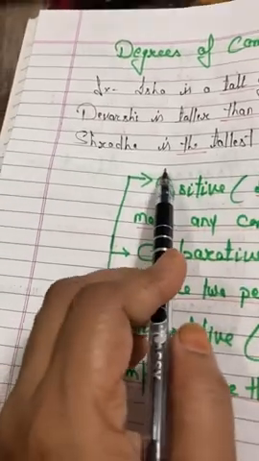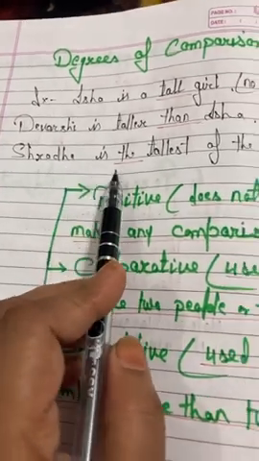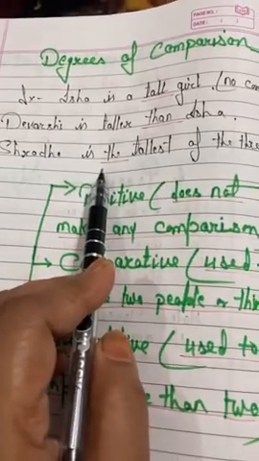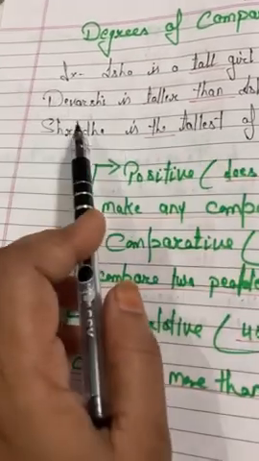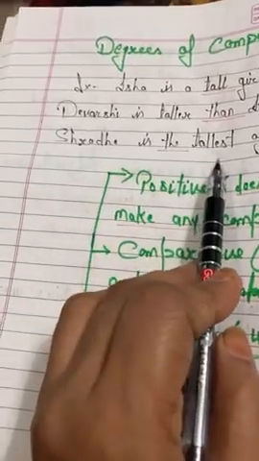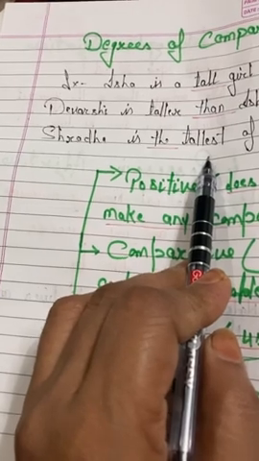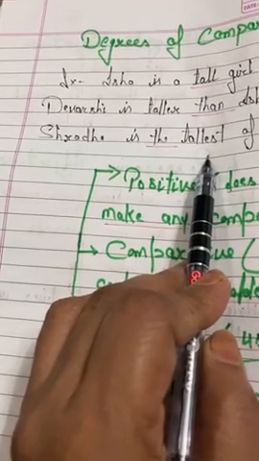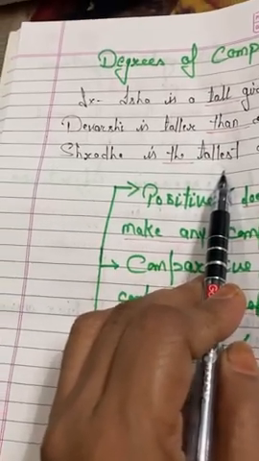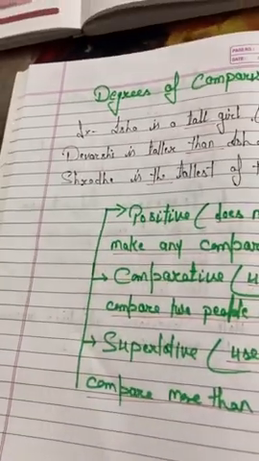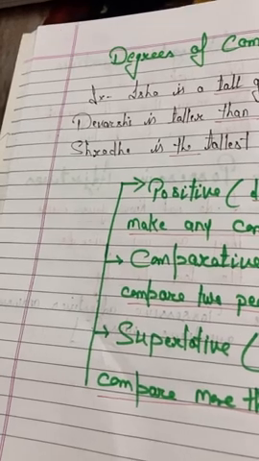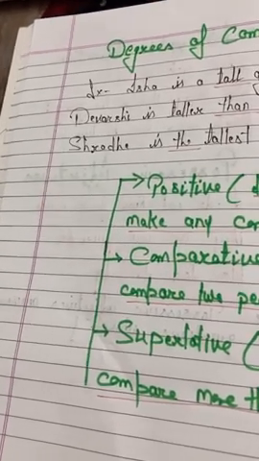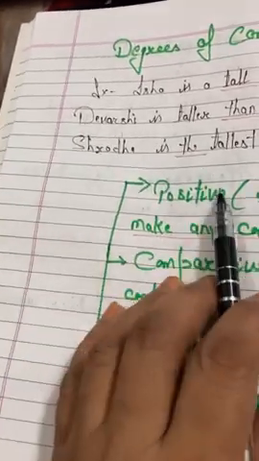And in sentence number 3, Shraddha is the tallest of the three. So Shraddha's quality tallest is compared with a group. That means Shraddha's quality is compared with more than 2. So this is known as the superlative degree.